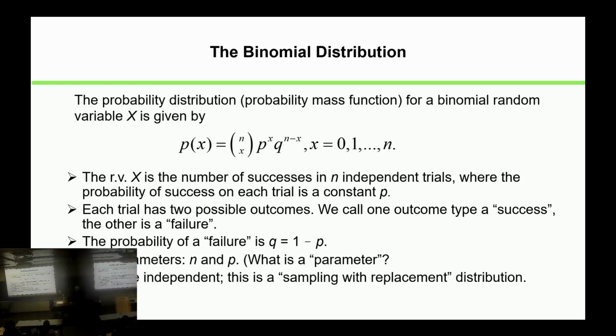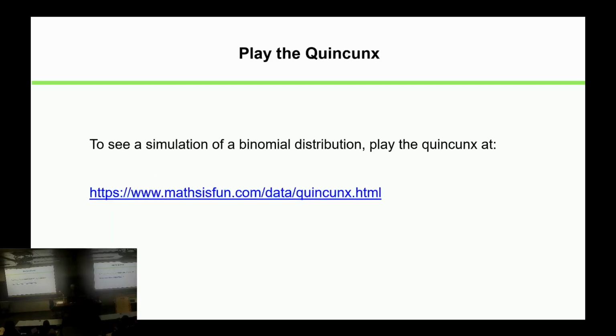Okay, so you have seen a simulation of the binomial distribution. This website is an electronic form of this. You can play the quincunx here. That's kind of a weird name, the quincunx.